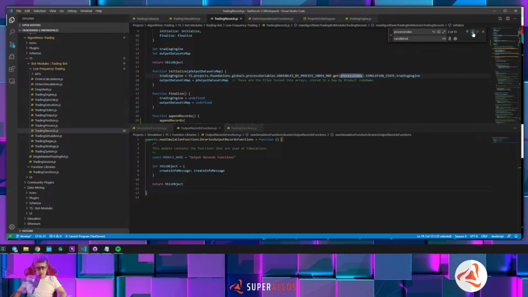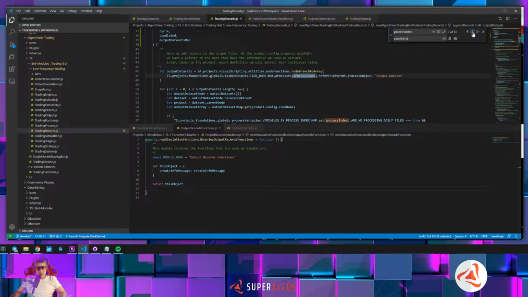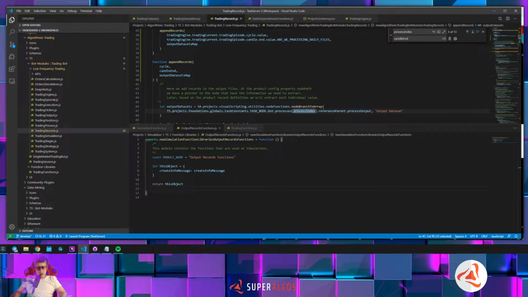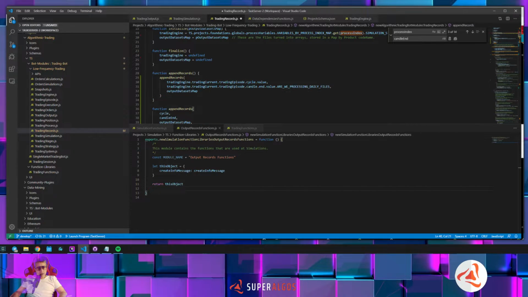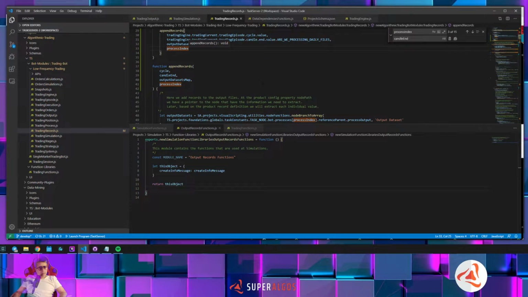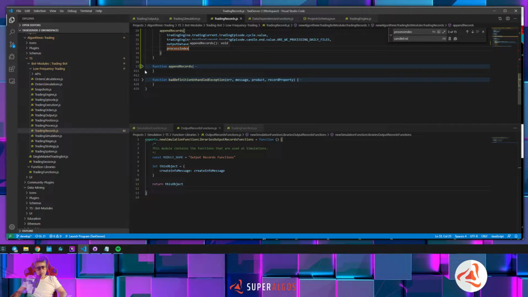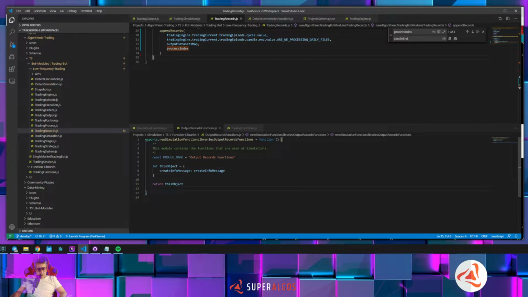Yes, we need process index here and in here too. So we need to send process index. What else? So we're going to move these two functions out of here and we'll put it here.